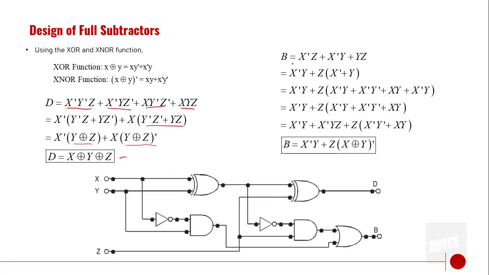Meron na tayo. And then the function for the B, or the expression for B, is x prime z or x prime y or y z. So if I'm gonna factor out z here, ang matitira is x prime y, and we're gonna multiply it with 1. X prime, multiply natin with y or y prime. And then y, multiply natin by x or x prime. So magiging result ay x prime y prime, xy, and x prime y. X prime y will be equal to x prime y lang. And this, bring down lang natin.